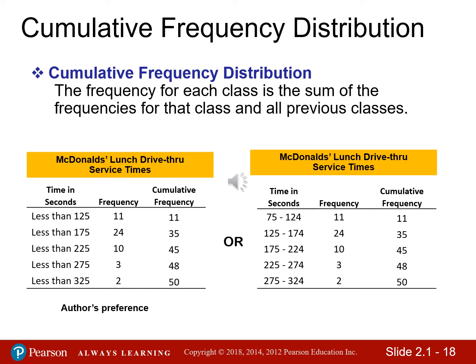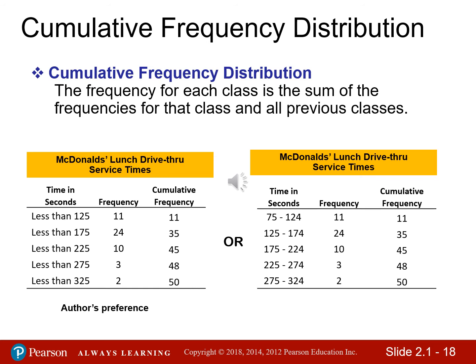Note that in addition to using cumulative frequencies, the class limits may be replaced by using the expression "less than" that describes the new range of values. But often you will see that most people will just use the same classes that they used in the original frequency distribution.